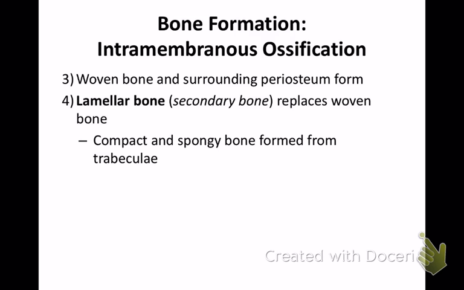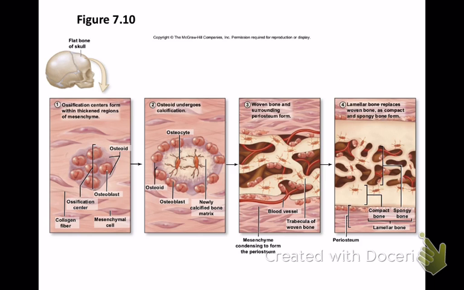It's just sort of thrown in there with blood vessels hither and yon, but eventually it's going to reorganize into nicely laid out compact bone and spongy bone. Okay? So there's really not much left to tell about that except to talk about which bones are formed intramembranously.